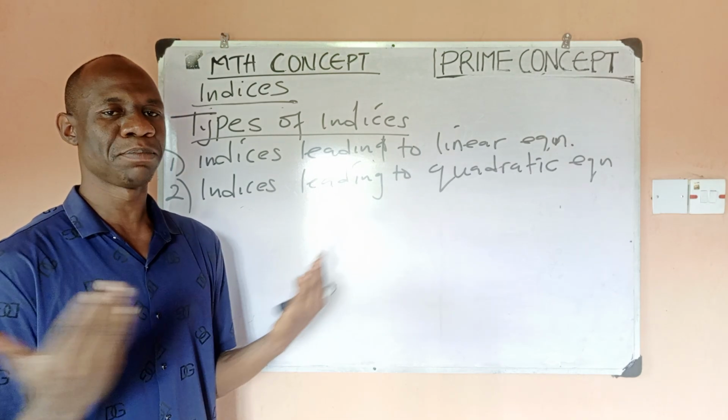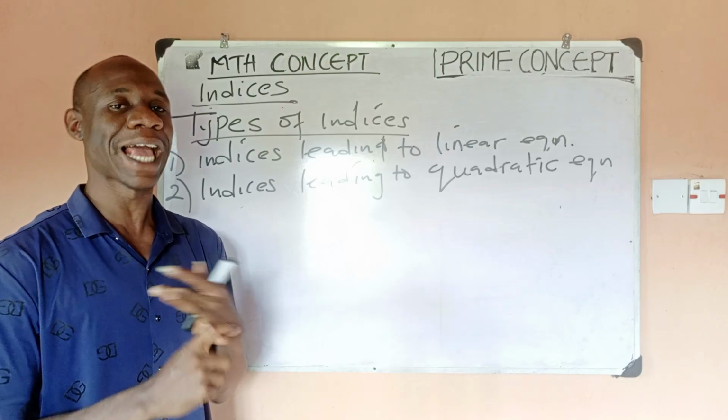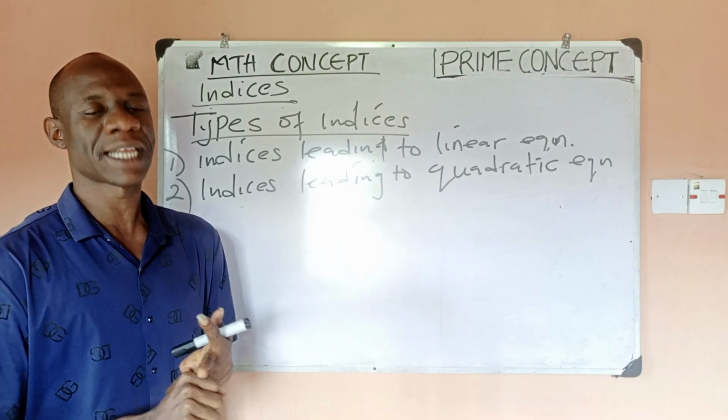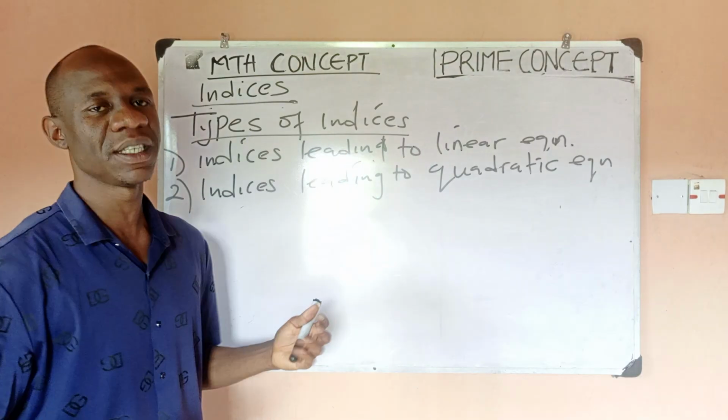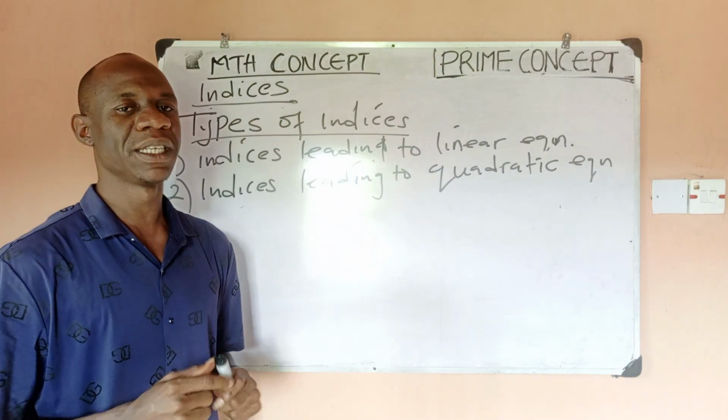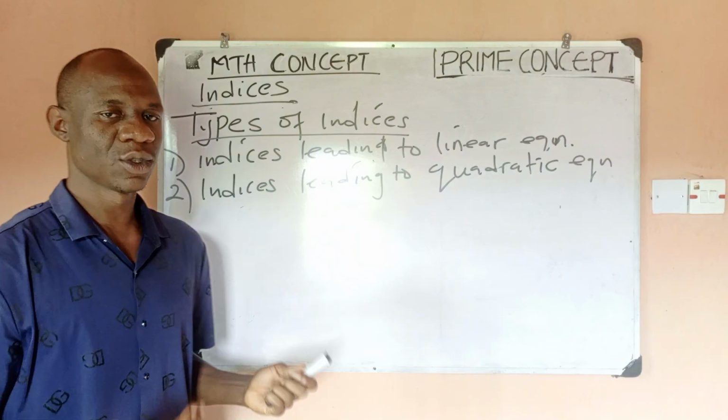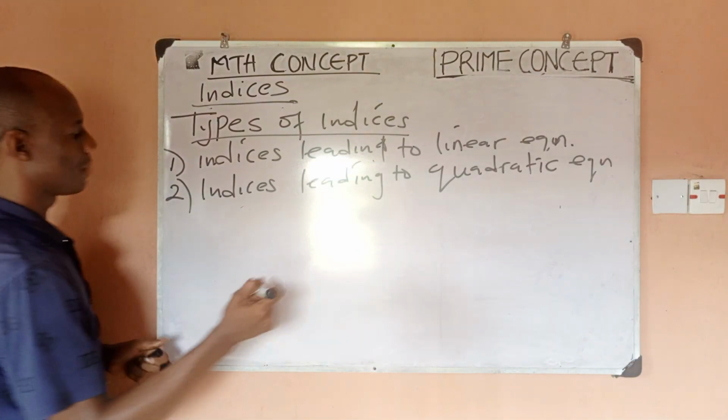You would notice that their bases are usually separated by addition or subtraction. So you have addition between the bases, no longer multiplication. Addition separates two or more of the bases. What do I mean by that?